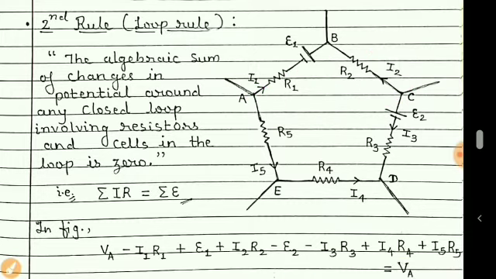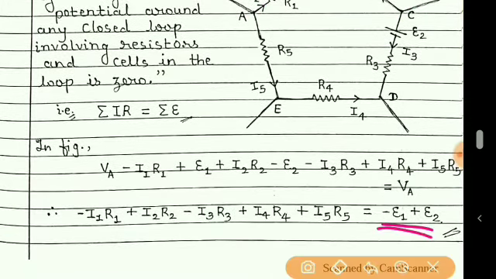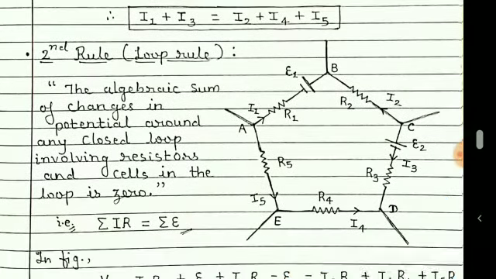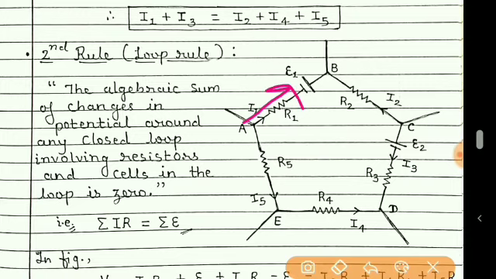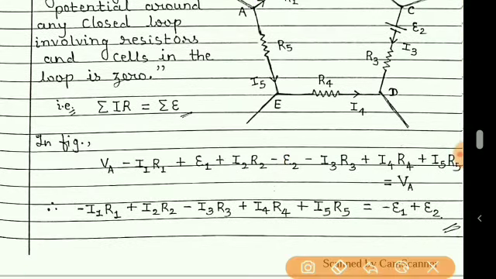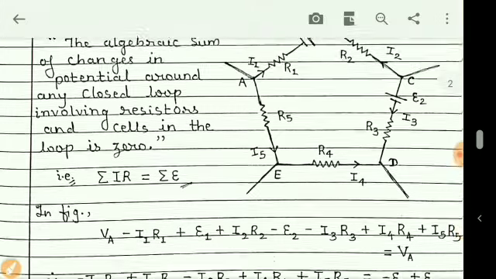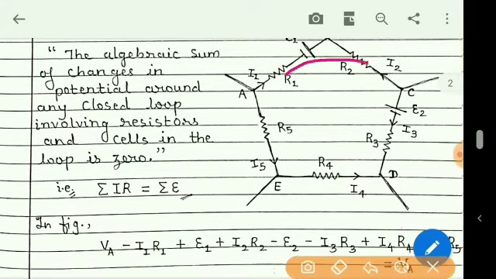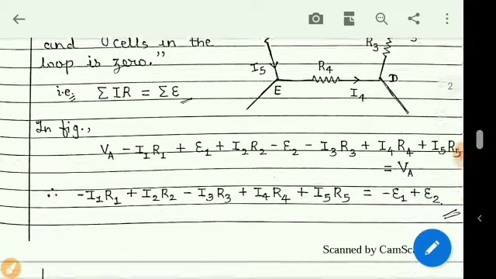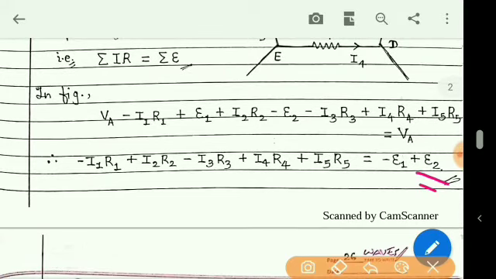And if we are writing the terms related to the EMF of the battery on this right side, then whichever terminal of that cell or battery comes first, that sign is taken. So here which terminal of this cell comes first? Negative. So here we can put a negative sign. Then during the motion, for this epsilon 2, which terminal comes first? Positive. So we can put that as positive.